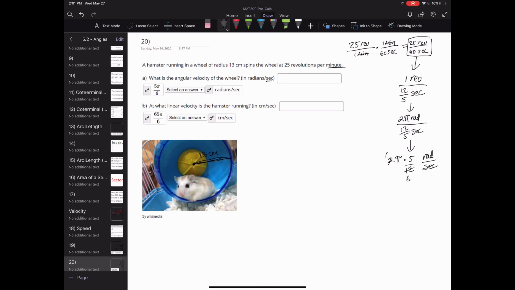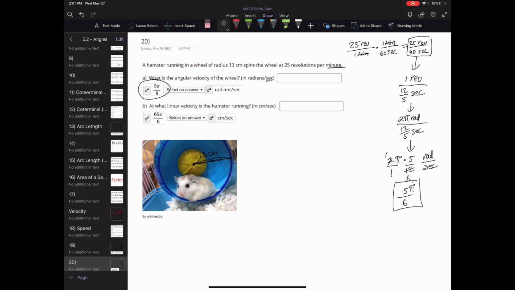And you get 1 times pi times 5 is 5. And remember, this is all over 1, so 1 times 6 is 6. Don't forget the pi. Radians per second. And you can see that that's what we have there.